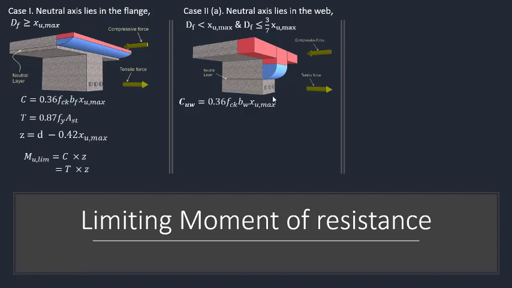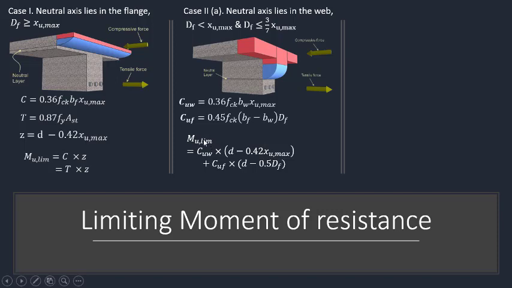Now the compression force in the flange is 0.45 times fck into area of overhang flange portion, which is width of flange minus width of web into depth of flange. This force will have a lever arm of d minus 0.5 times depth of flange. The limiting moment of resistance can be computed now by multiplying compression force in web and compression force in the flange with their respective lever arm.